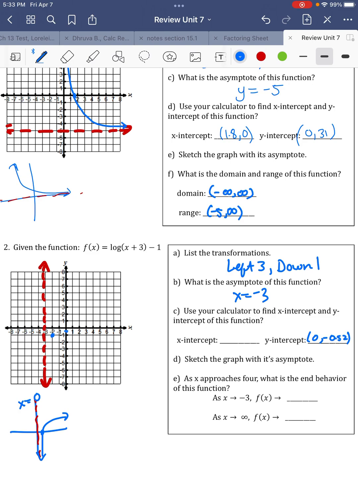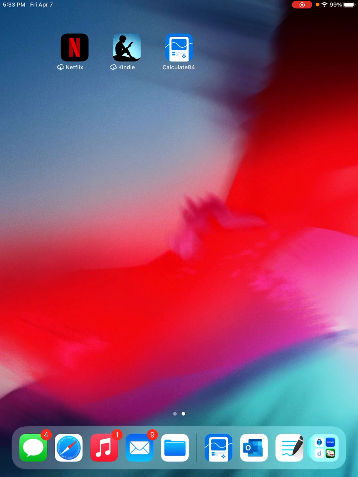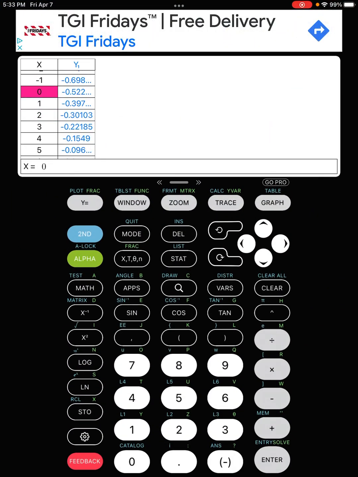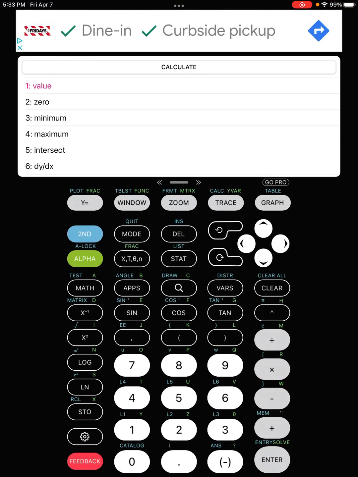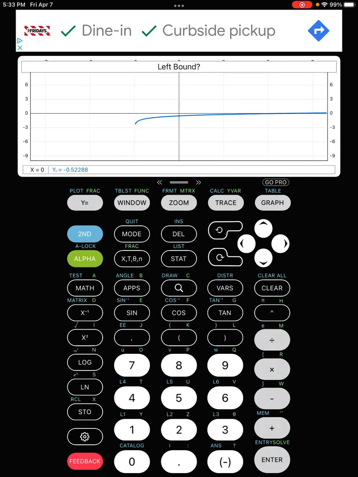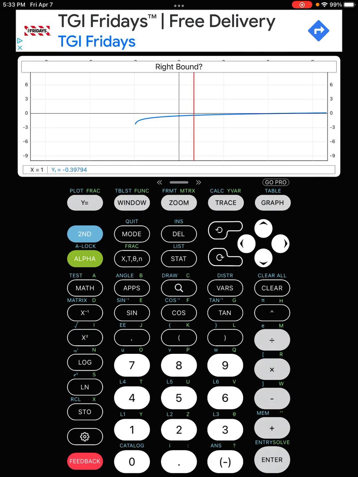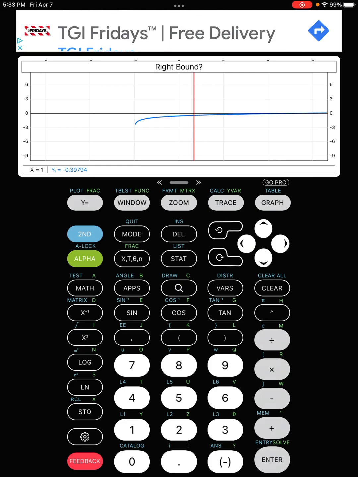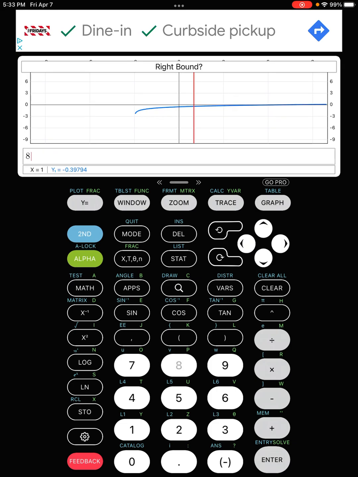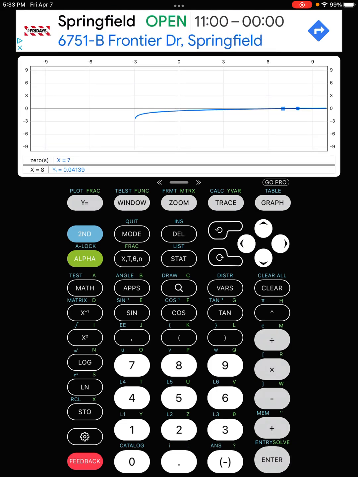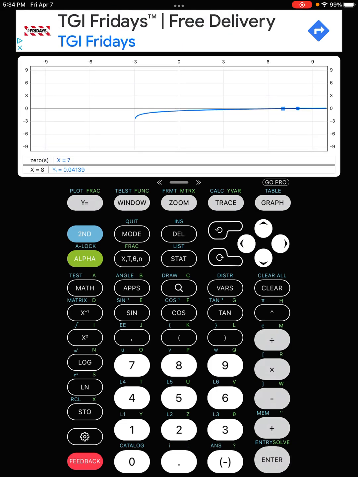That's my y-intercept. Now my x-intercept. Let's see if I can get the calculator to do it. Number 2. How about start at 1, and let's end at maybe 8. It's somewhere in there. Okay, so it's crossing at 7.